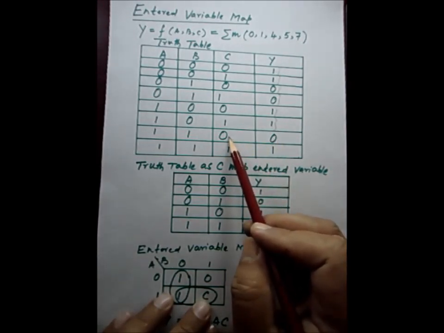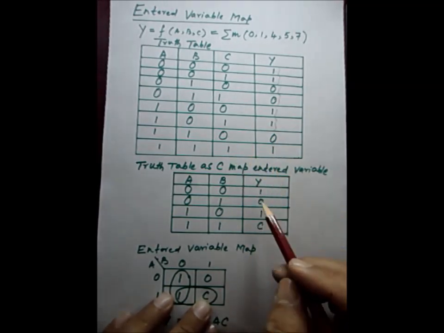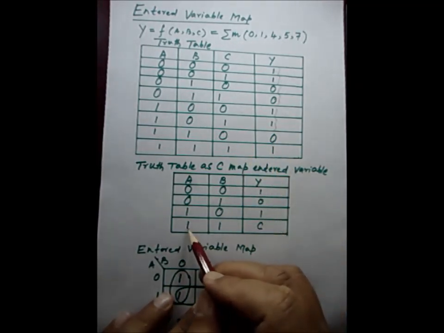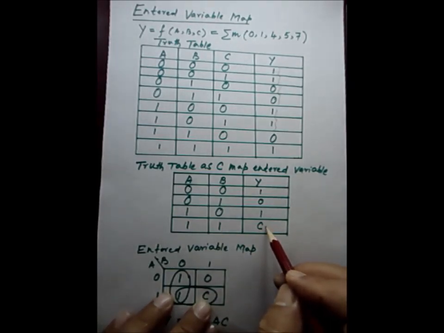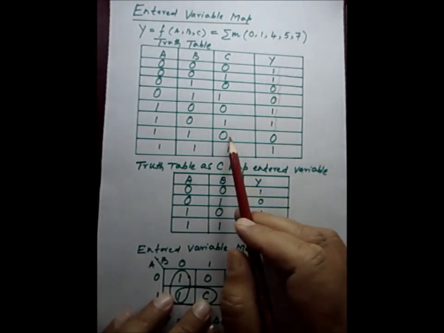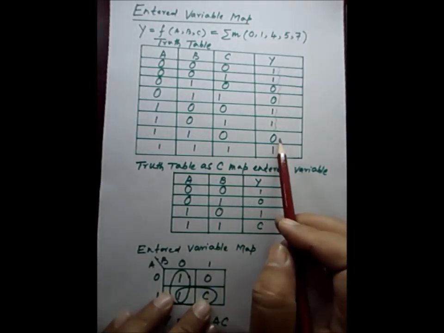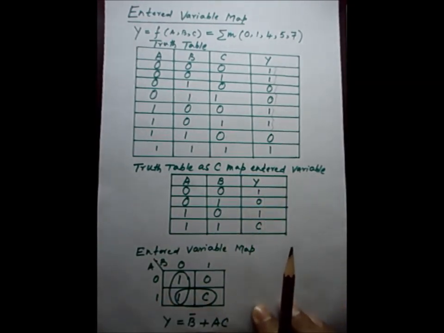Therefore, when A equal to 1, B equal to 1, Y equal to C. Whatever the value of C, that becomes the output. Therefore, we prepare the truth table.